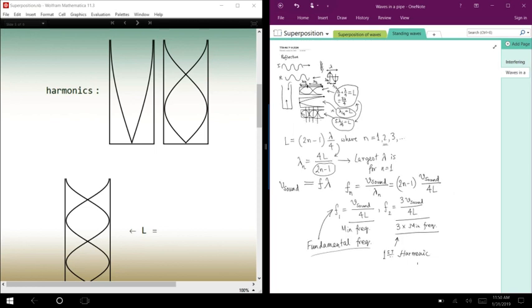Okay, so that's the idea for standing waves in a closed pipe. So this example was particularly for closed pipes.